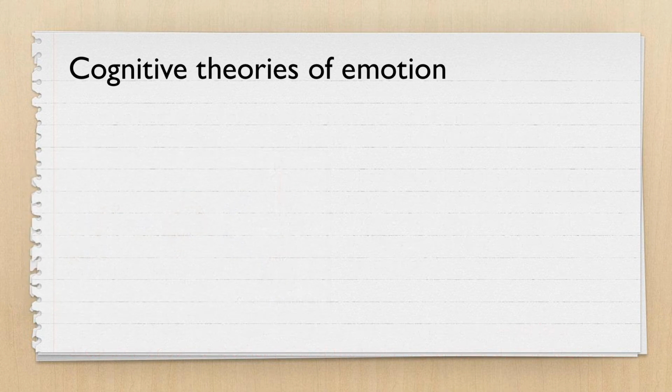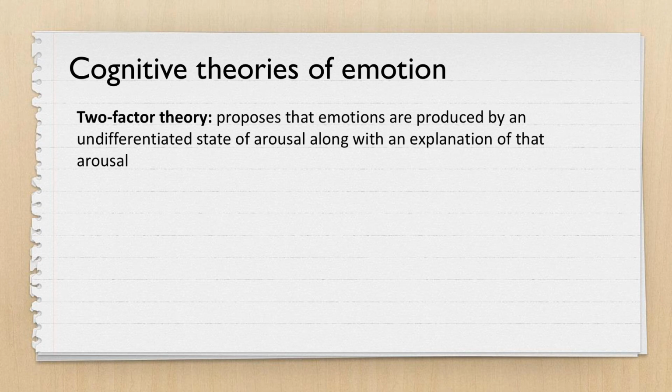Okay, the last theory in this school of thoughts is the two-factor theory. It proposed that emotions are produced by an undifferentiated state of arousal, along with an explanation of that arousal. What does it mean? So, after encountering an event, we experience a state of alertness that is undifferentiated. In other words, the state of alertness, arousal, is the same across all emotions.